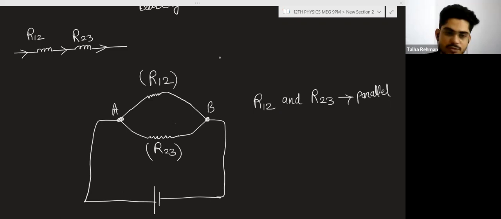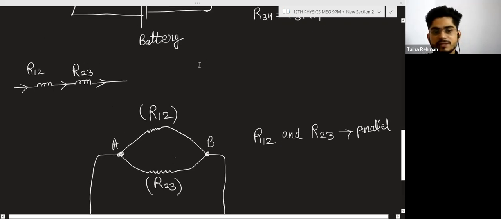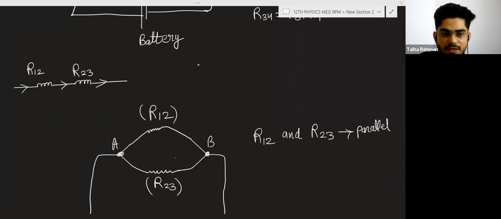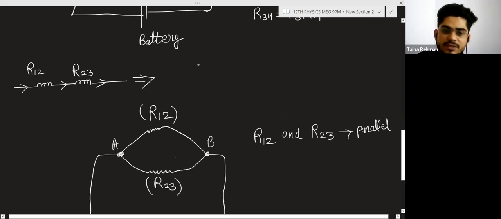Because in the beginning I also told you, if the resistances are connected on a single wire, this is just the single wire. Is there any branching? There is no branching on this wire. So this combination of resistance is series combination.